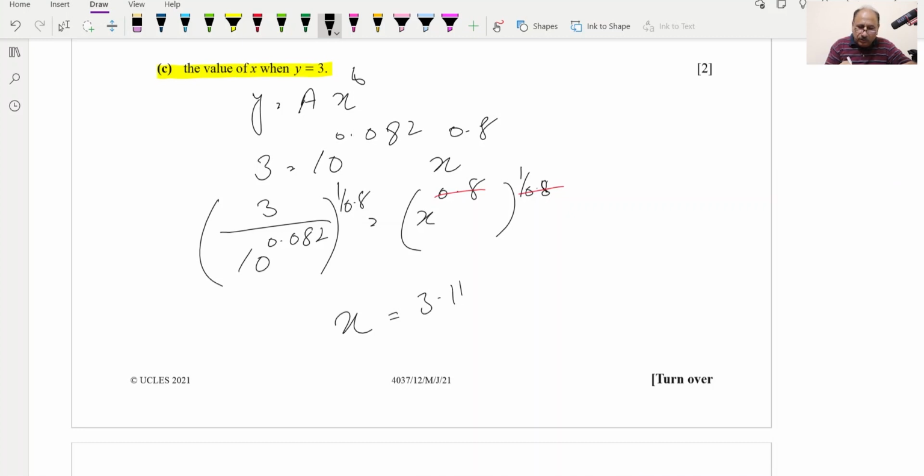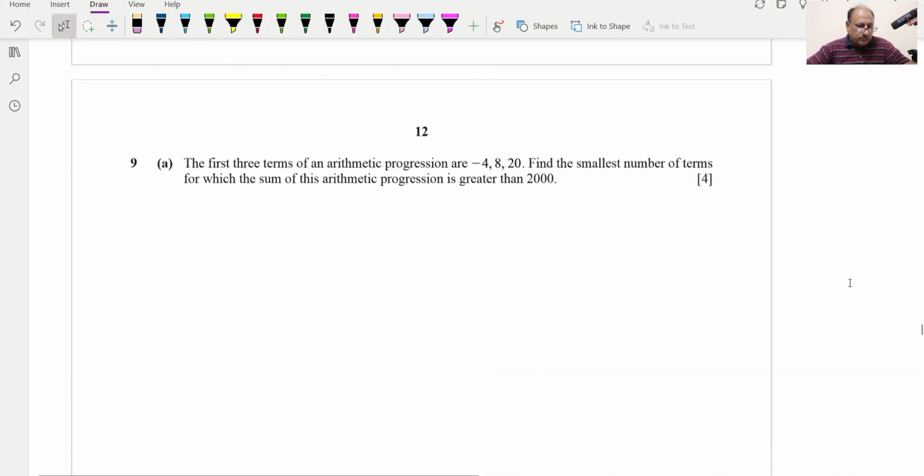This will be our final answer for this 2-mark question, which we are done.